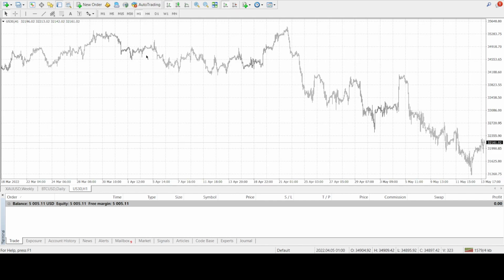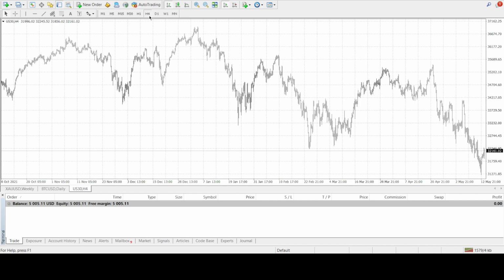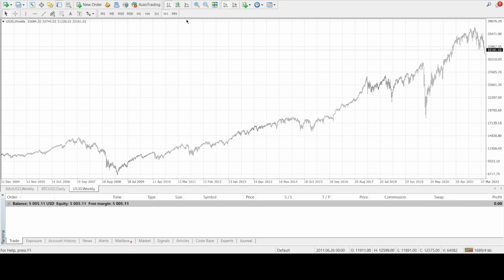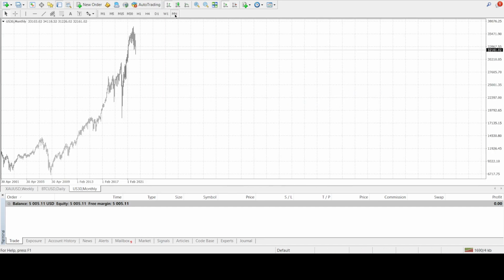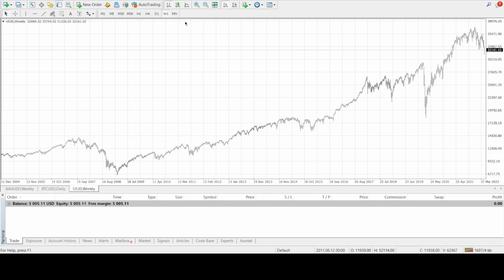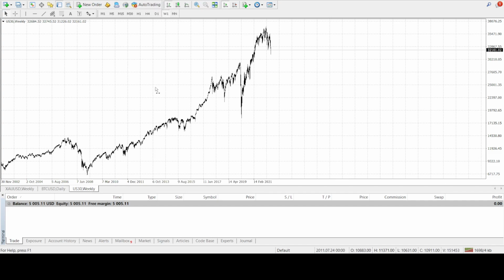All right, so we don't have any of our moving averages or anything set up over here, but we can look at this. Let's see, on the monthly chart, weekly chart's decent. So this is US 30, right? And you can see that it began its crash February 16th, I believe, is when it first started declining for COVID.